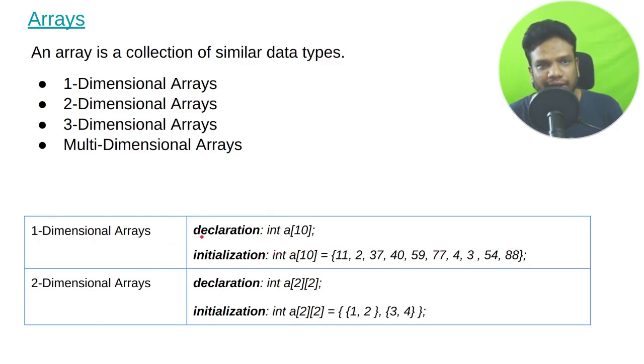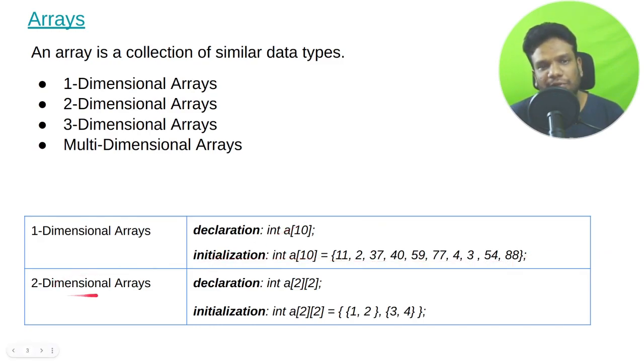Here we can see the declaration part. This is how we declare an array: the data type, followed by the name of the array, and the size of the array kept in square brackets. If we want to initialize the array with 10 integers, this is an integer array of size 10, and here you can see the 10 values that I've given. This is a one-dimensional array.